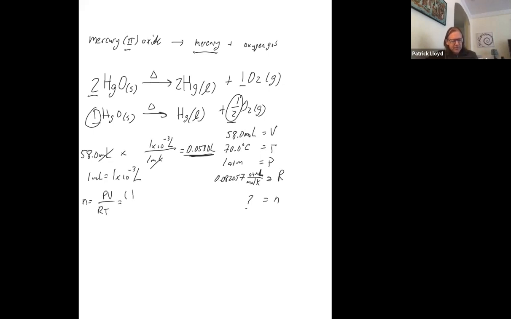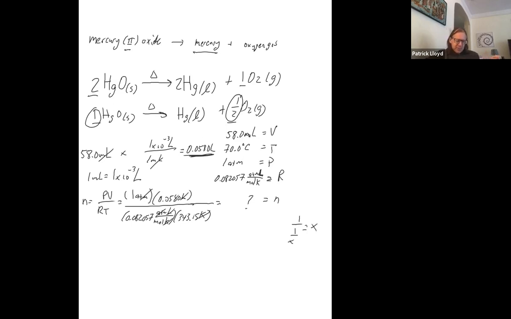So 1 atmosphere, I'll put them in this time, times 0.0580 liters, so there's your PV, over 0.082057 atmosphere liters per mole Kelvin, and then your temperature, again you've got to add that 273, so that's 343.15. Start canceling units, right? Liters. So there you see why the liters have got to go. And then you've got your Kelvin and Kelvin, and you've got 1 over 1 over moles, which is moles. Remember, 1 over 1 over x is equal to x.